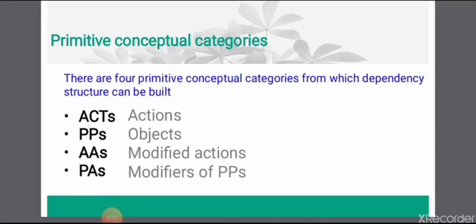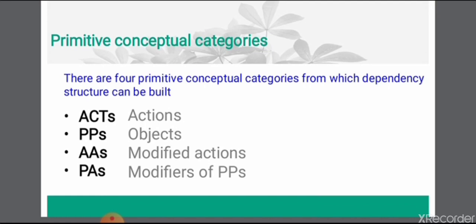After understanding the primitives, the next set of conceptual dependency building blocks is the set of allowable dependencies among the conceptualizations described in the sentence. So there are four primitive conceptual categories from which dependency structure can be built. The first one is the ACT. It represents the action.